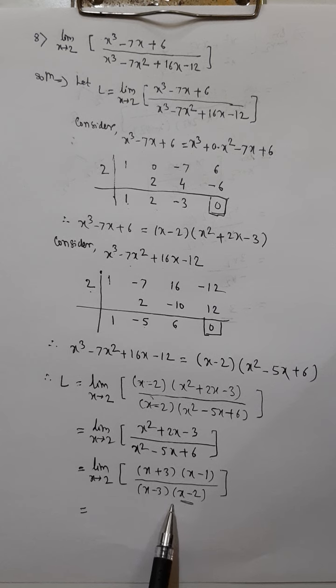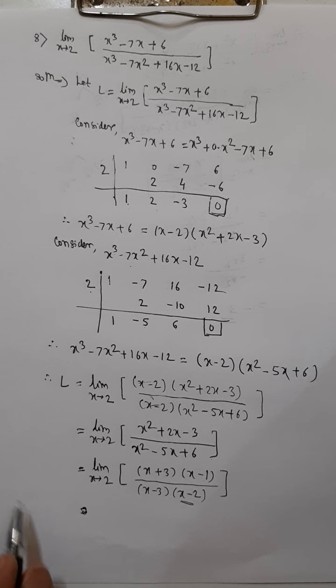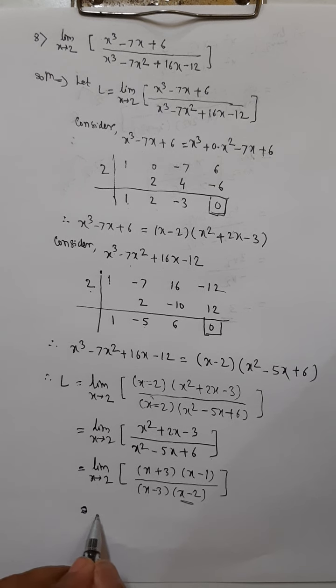That means we get 0 in the denominator, and when 0 is in the denominator, that is a meaningless quantity, so we call it infinity. In such a case, we can write the solution as: limit does not exist.